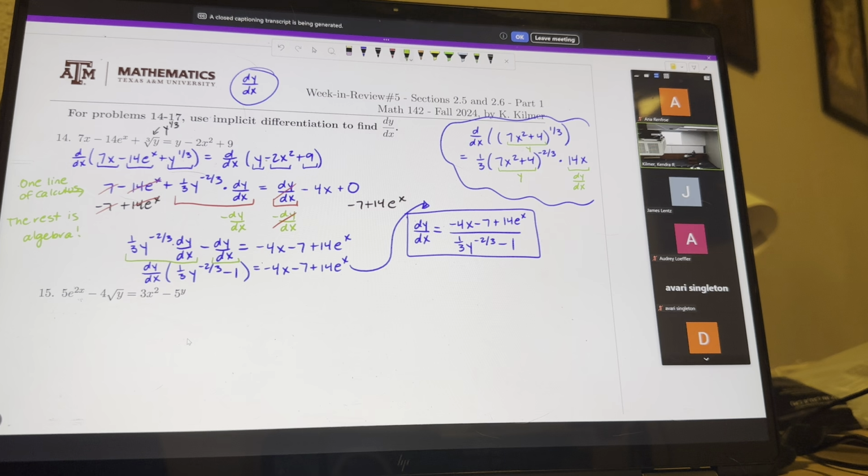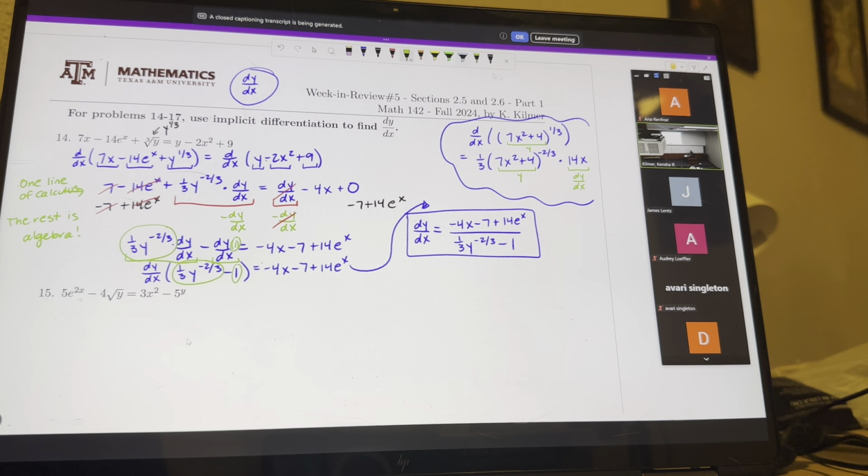If I pull a dy/dx out of the first term, I'm left with this 1/3 y to the negative 2/3. If we pull a dy/dx out of the second term, I'm really left with a 1 that was right there. Okay, I get it. Other questions?